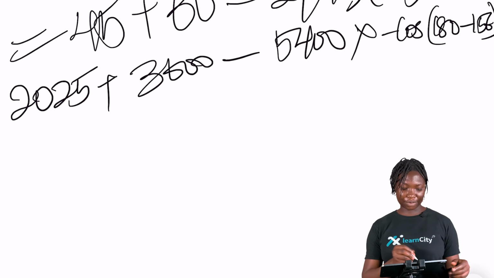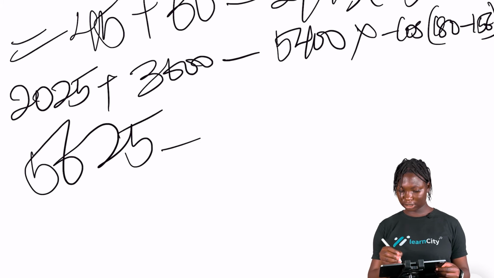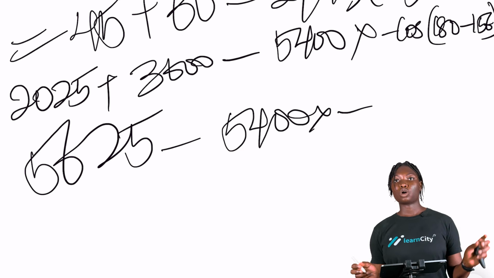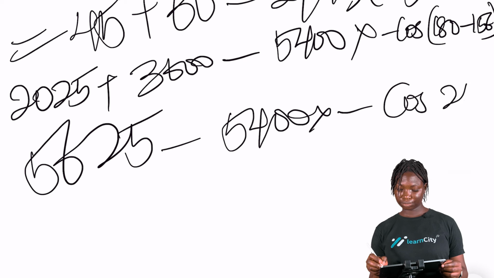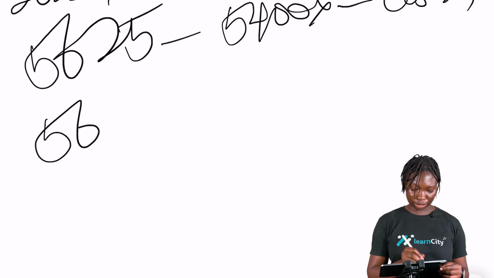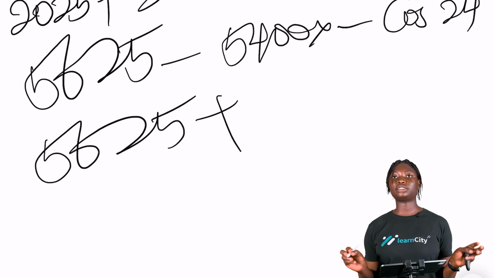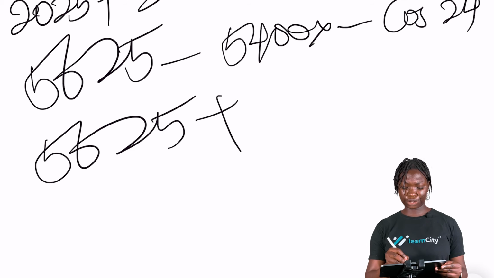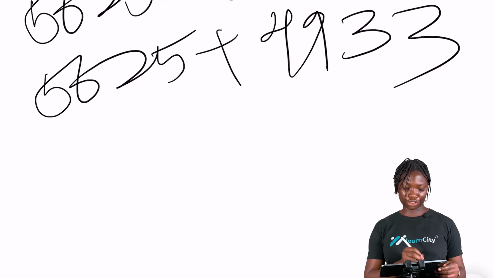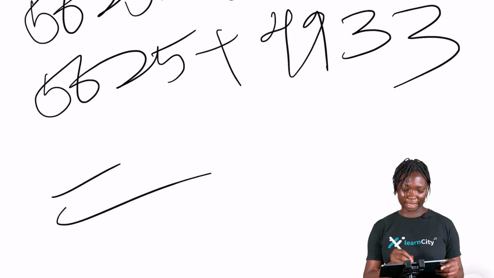So here we have 5625 minus 5400 times minus cos 24, which is 5625 plus 5400 times cos 24. We have 4933, and the total is 10558.